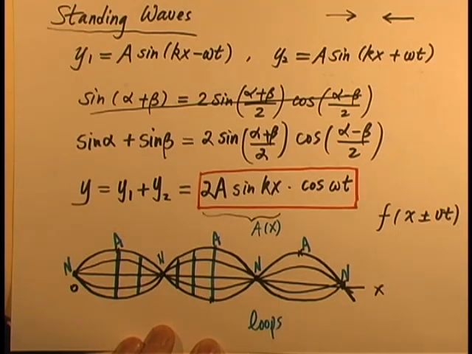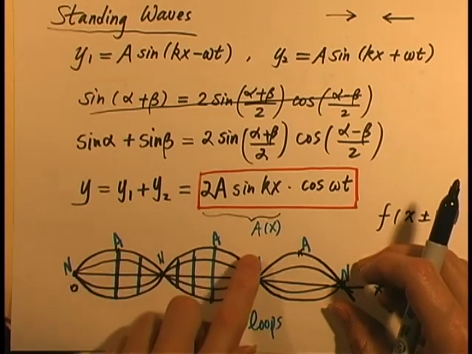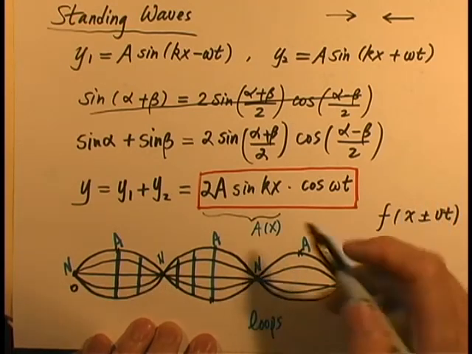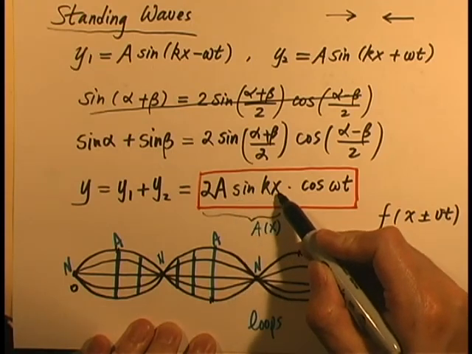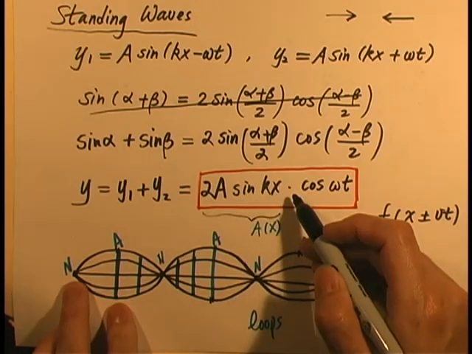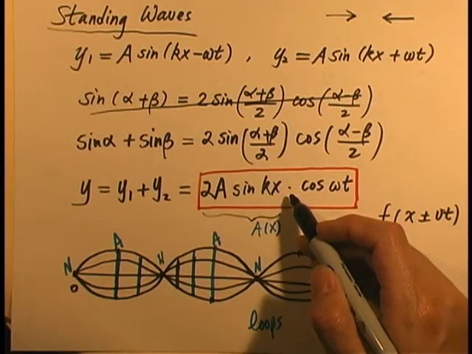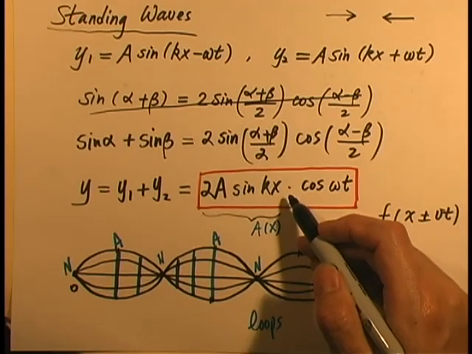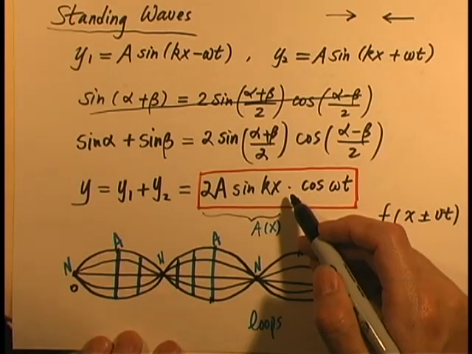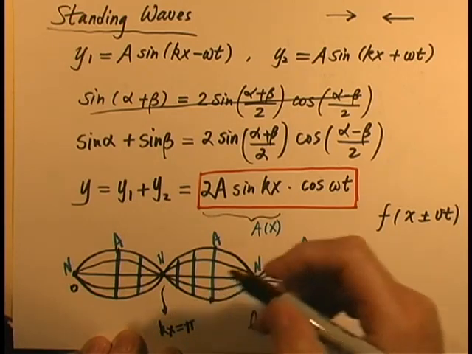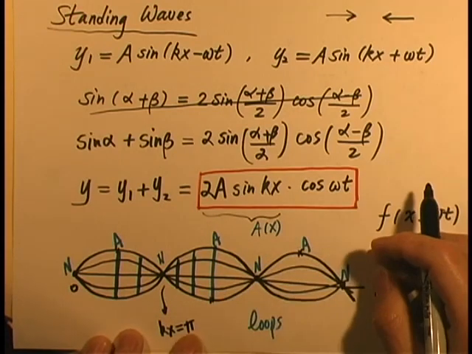Now, how long is each loop? Well, this is x equal to 0, right? At x equal to 0, of course, A of x equal to 0, which means you have indeed a node. Where is the location of the next node? This is where sine of kx becomes 0 again. Away from 0, what's the next angle at which the sine function becomes 0? Oh, that would be pi, right? So over here you have kx equals pi. So what's x equal to? x equals pi over k.